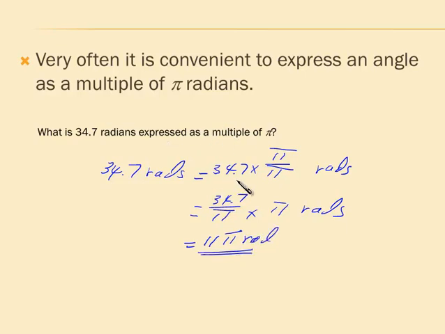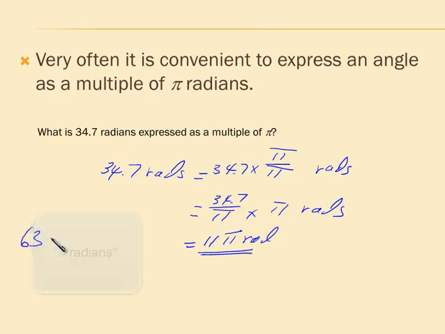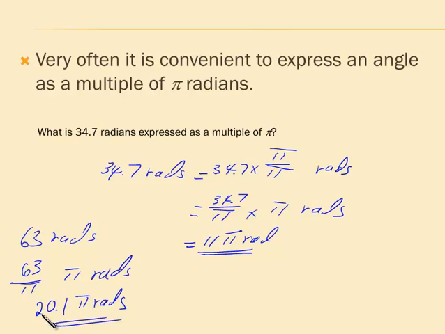We simply divide by pi, and now that's our answer expressed in radians. So if I have, say, 63 radians, I can say simply 63 divided by pi radians. Of course, 63 divided by pi is 20.1 more or less. And so this is a very helpful little skill to have.